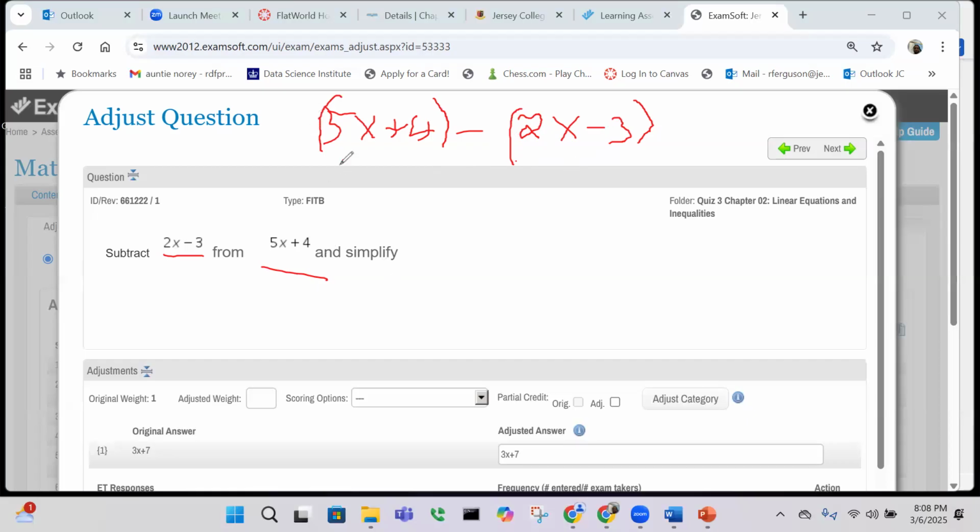So again, I'm going to have 5x because there's nothing out here. It's a 1, and it's a positive 1. 4 comes back also: 1 times 4 is 4. Now we're going to do the negative. Negative times 2x is negative 2x. Negative times negative 3 is a positive 3.